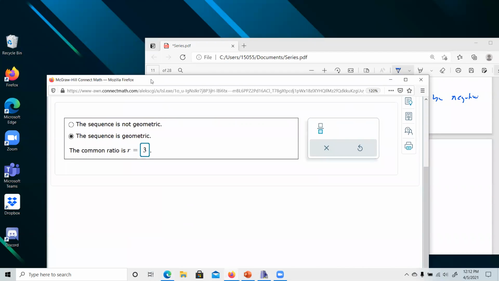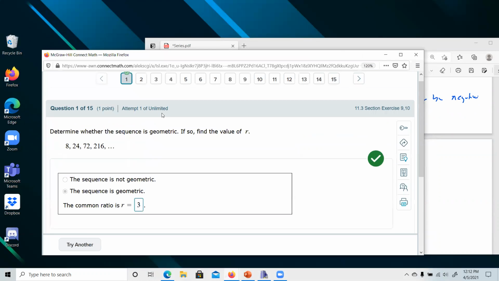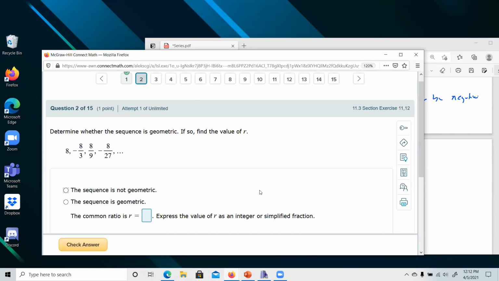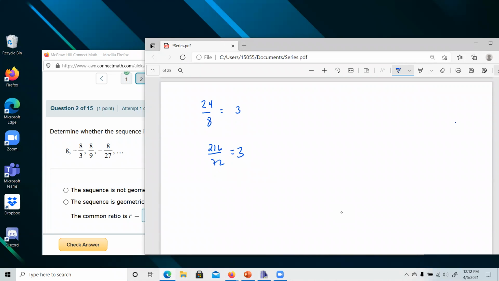All right, let's do this. Make this smaller here. So, like I said, they don't have to be a positive number. They could be negative. So here's the idea. We have 8/9 divided by negative 8/3. What's going to happen there is that's 8/9 times 3 over negative 8.